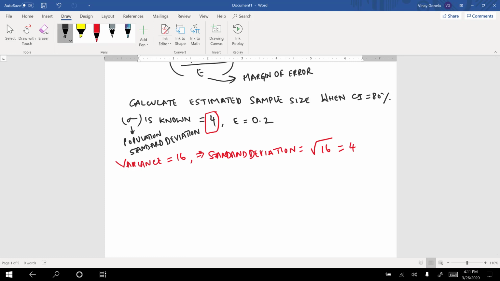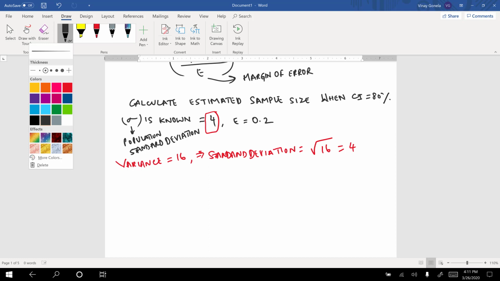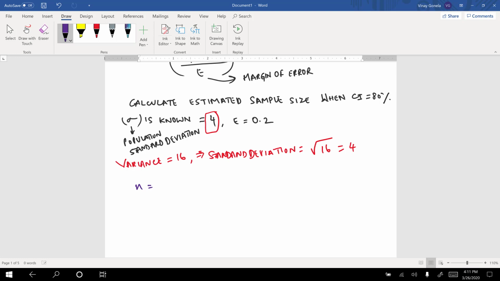I will try to solve this problem by using the above formulas. So the sample size formula is n is equal to z alpha over 2 multiplied by sigma over error, whole square.